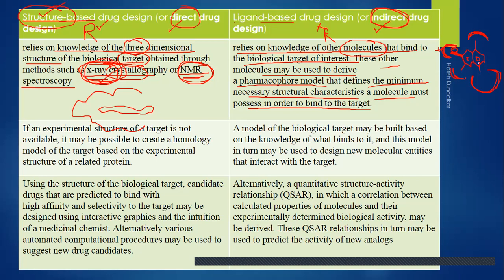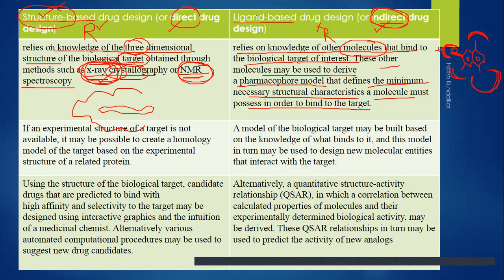And indirectly, we are trying to predict the possible structure of the receptor, and on the basis of that, we'll devise newer molecules, which may or may not be structurally diverse, but they will definitely bind to the receptor. So that is called ligand-based drug design or indirect drug design.